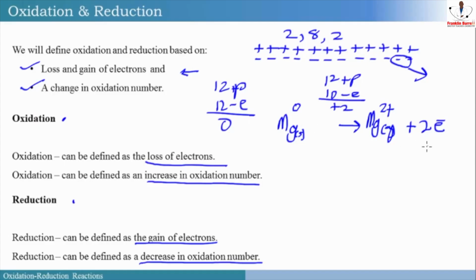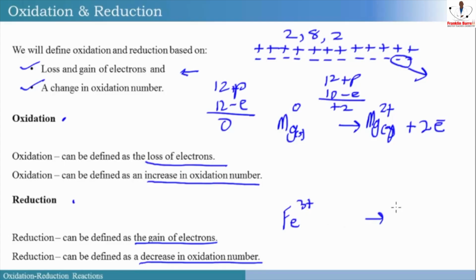I also increased in oxidation number from 0 to 2+. This is simply saying whenever you have loss of electrons, you will have increase in oxidation number. Let's check out reduction. In this case, let's start with iron(III).